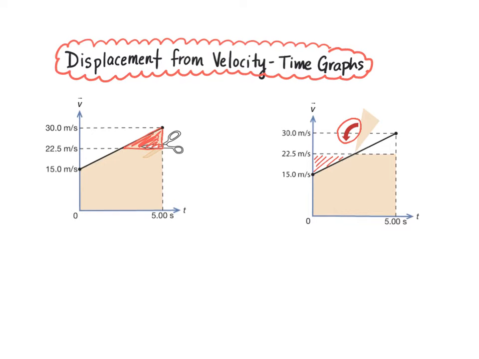Because it fits perfectly there, we're now able to calculate the displacement using the area, which is length times width. But in this case, our length is going to be our average velocity, and our width is going to be the time.